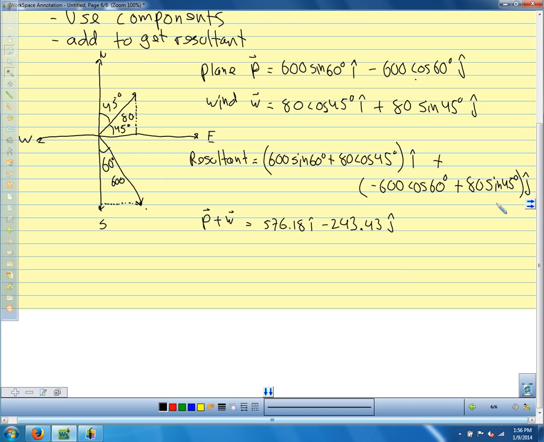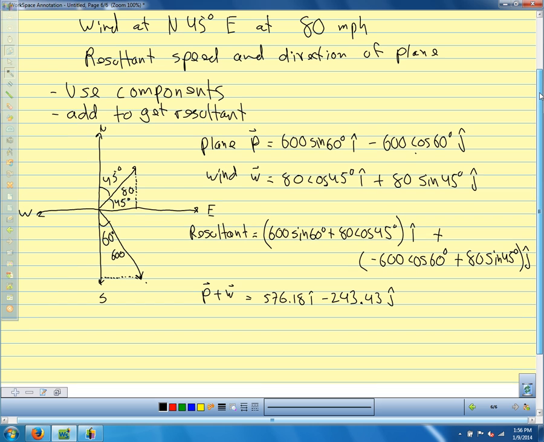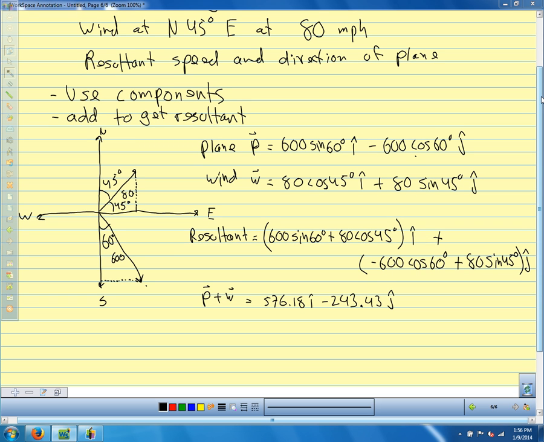Now what did the problem ask us to find? The resultant speed. So how do I find the speed? The magnitude. The speed is the magnitude. The velocity is the vector. The speed is the magnitude.